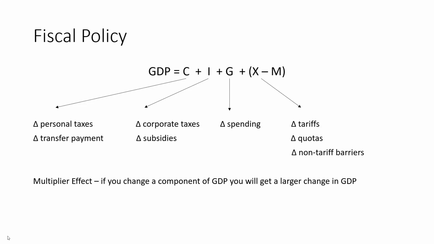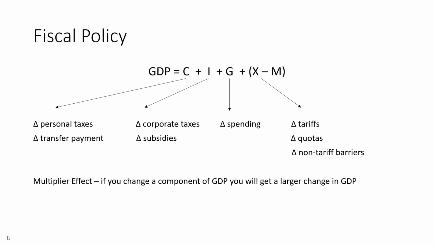The Keynesian approach concentrated on government spending. The Keynesians feel that government spending is the quickest way of getting money into the economy and easier to control. We'll come back to that in a moment. Let's just finish up with the components of GDP.